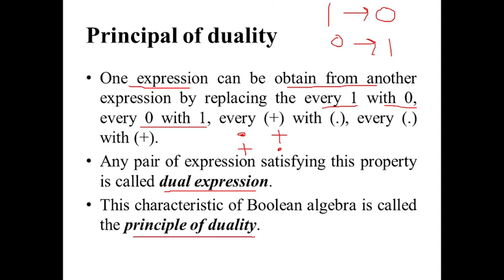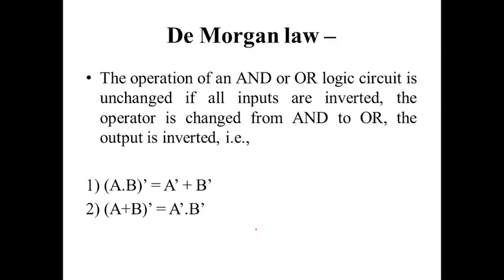Next one is De Morgan's law. In case of De Morgan's law, there are a total of two rules. The first one is (A into B) whole bar is nothing but A bar plus B bar. And the second one, (A plus B) whole bar is equal to A bar into B bar. So these are the two De Morgan's laws.